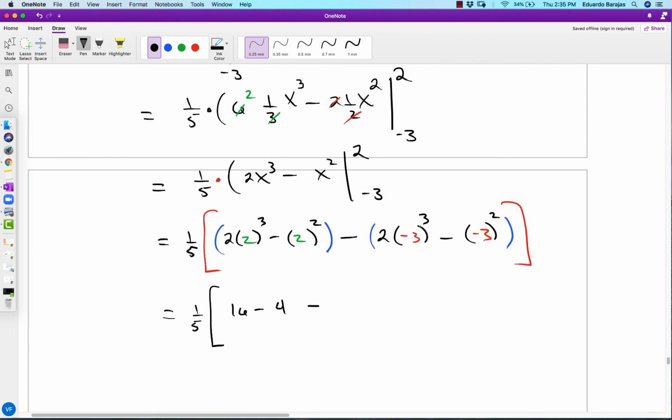Now -3 to the third power is going to be -27, times 2 makes it -54. So this would be -54, minus, and then -3 squared becomes +9. So we get this and that in a giant bracket.